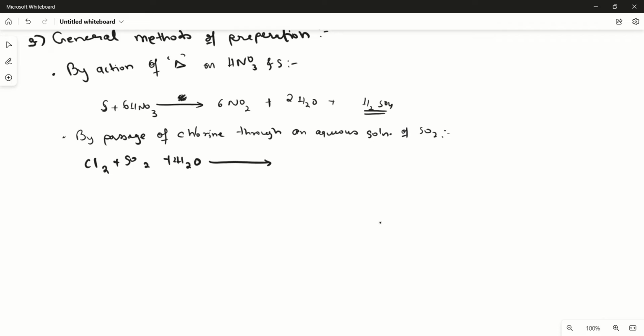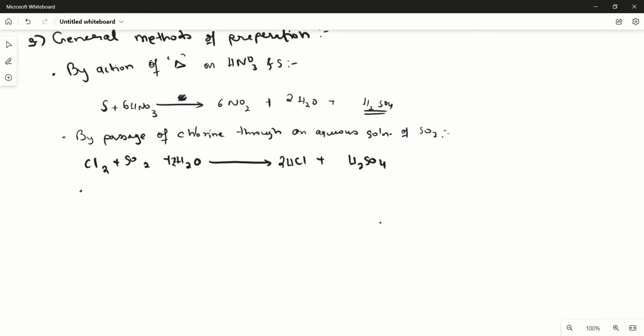Cl2 plus SO2 plus 2H2O gives 2HCl plus H2SO4. That's it. So by action of HNO3 and sulfur, we get sulfur plus 6HNO3 gives 6NO2 plus 2H2O plus H2SO4. And by passage of chlorine through an aqueous solution of SO2, we get Cl2 plus SO2 plus 2H2O gives 2HCl plus H2SO4.